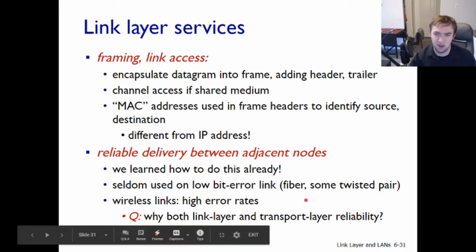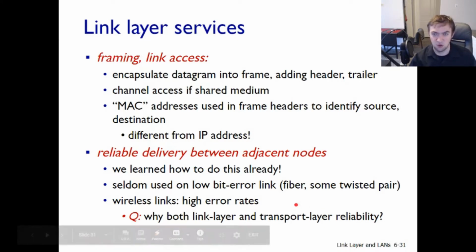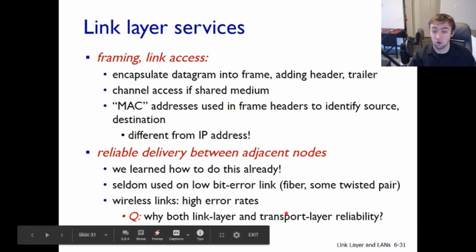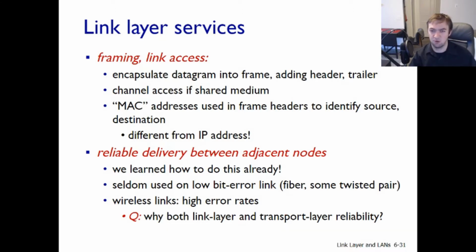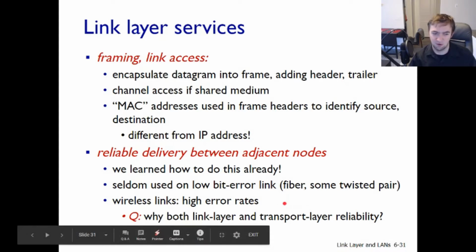The reason that you would have reliability both at the transport layer and the link layer is that when it comes to managing something like a wireless link, you might want to correct your errors locally once you realize there is an error at the link level, rather than waiting for the entire process to go from sender to receiver and realize, oh, something was missing, gotta send it again. Doing things at the link layer, specifically for something like a wireless link, can save you a little bit of time.